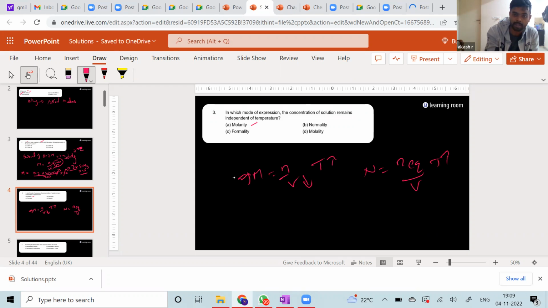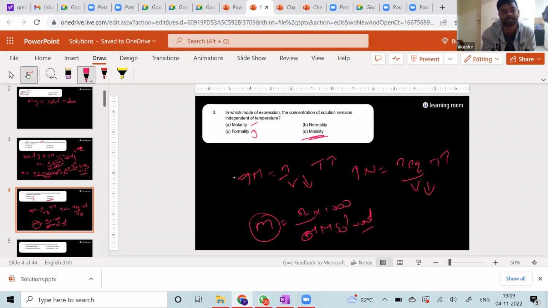If you increase the temperature, volume will decrease and the normality will increase. Formality and molarity are the same. But when you go to molality, small m, molality is equal to number of moles by mass of solvent. That's the formula which we'll use. Now you see that when temperature is changing, the mass will not change, number of moles will not change. So molality is independent of temperature. The option is going to be D.